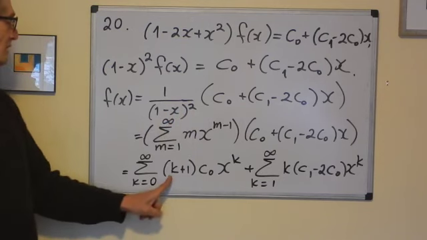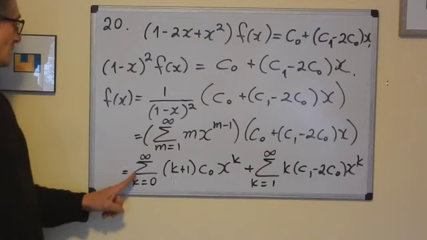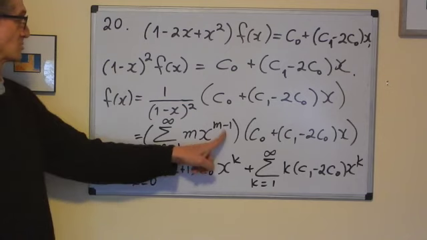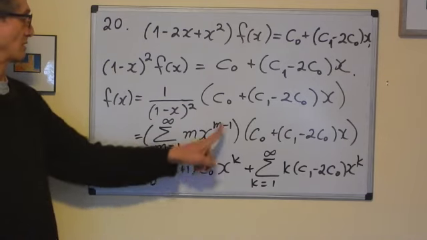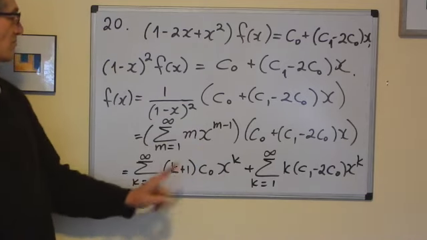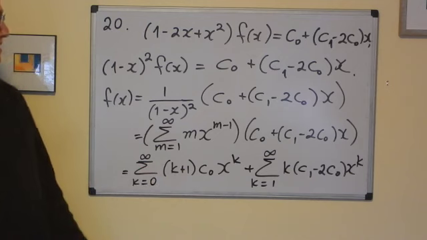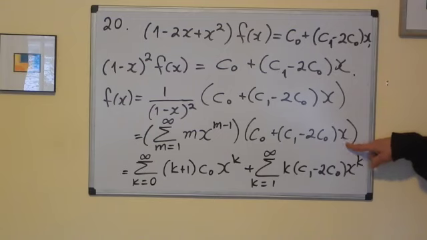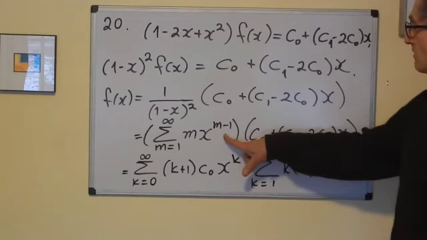So if you want the relationship between m and k, k here is m minus 1. It's the power. And so m is k plus 1. And then multiplying the term that does have a power of x raises the power of x over here.